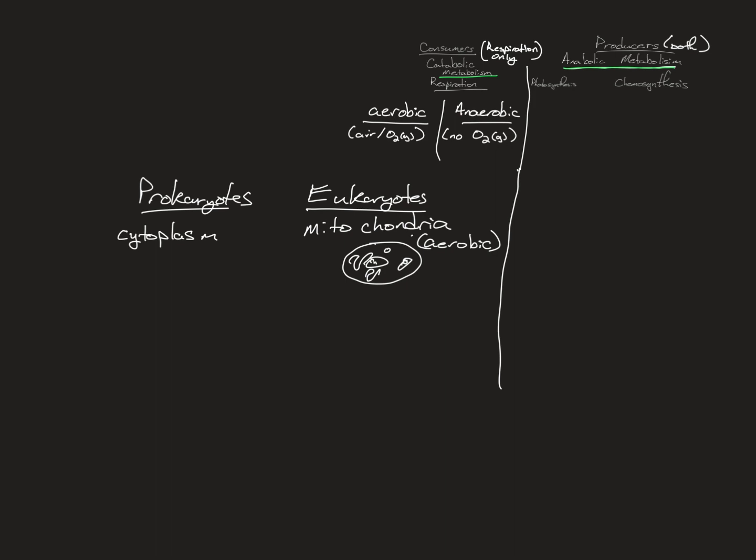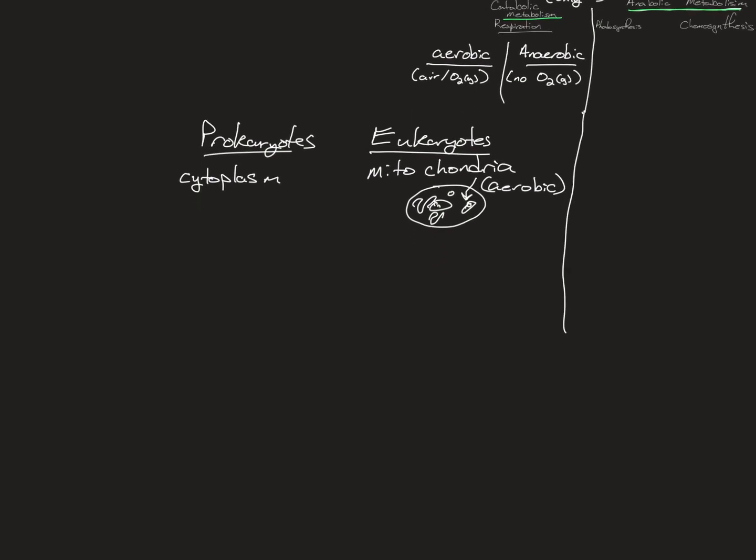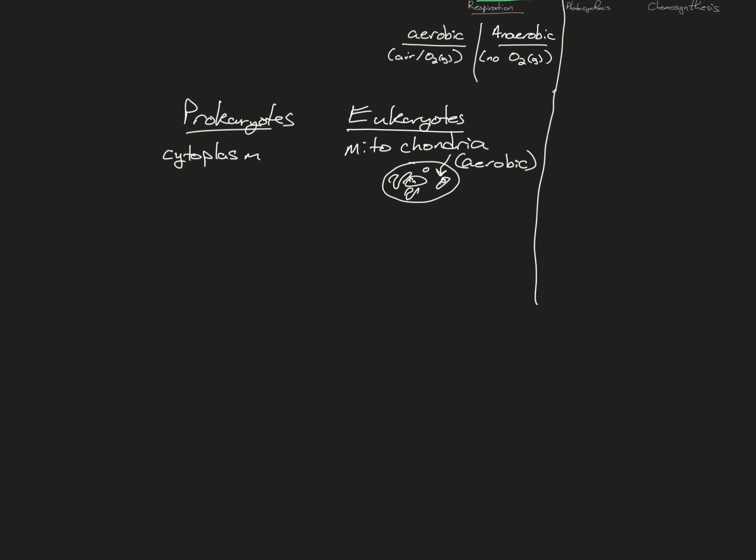The mitochondria does aerobic respiration, okay? In the cytoplasm, prokaryotes can do either one, aerobic or anaerobic. So now let's break that down. Let's take a look at this respiration in a eukaryote. We're going to look at a eukaryote, and we're going to look at a mitochondria.